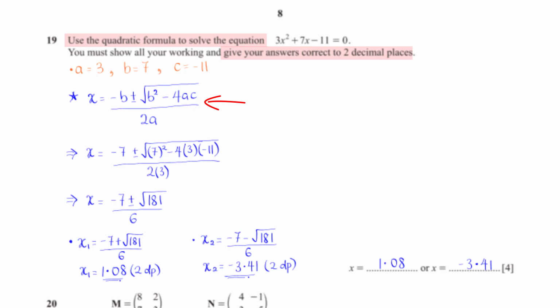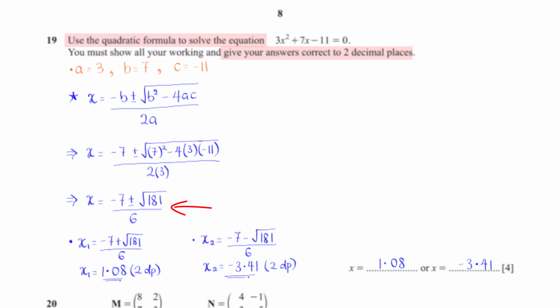From the equation we have been given, we can say that a is equal to 3, b is equal to 7, c is equal to negative 11. And so when we substitute these into the quadratic formula, we have negative 7 plus or minus the square root of 7^2 minus 4 times 3 times negative 11, divided by 2 times 3. When we simplify the expression under the square root, we get 181.